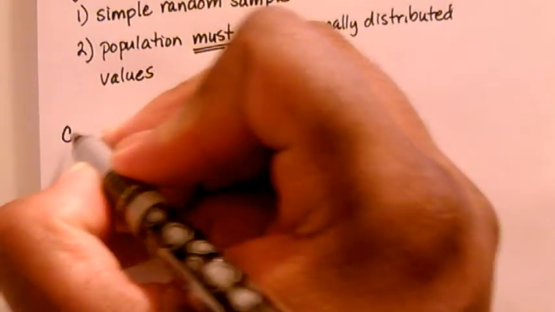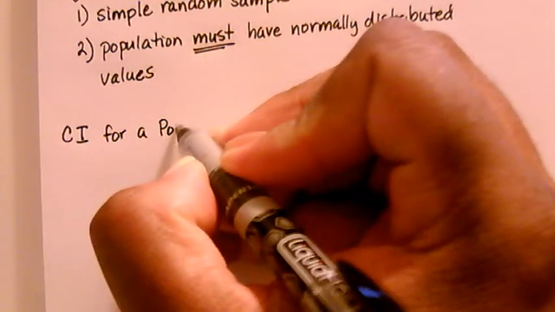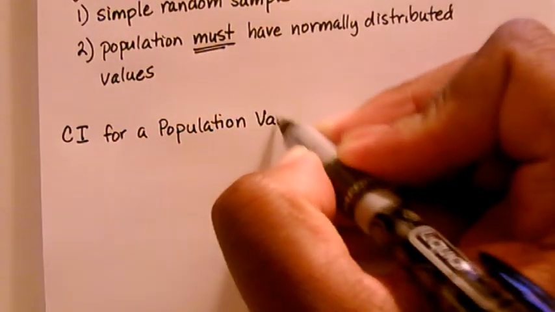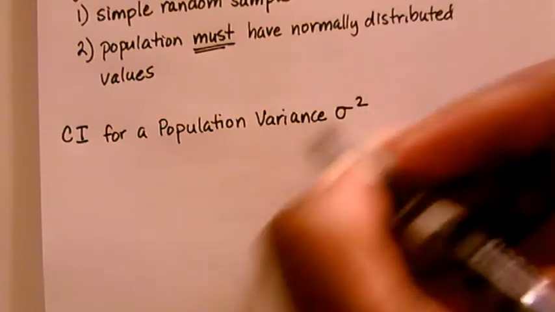Now, let's talk about the format for the confidence interval estimate. And I'm abbreviating this CI for a population variance. And that's sigma squared.